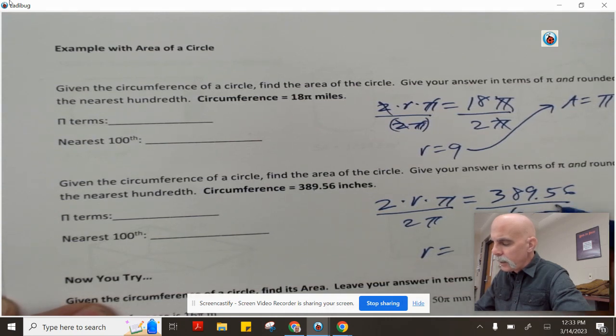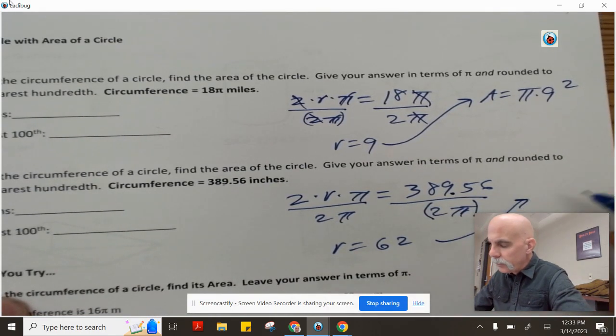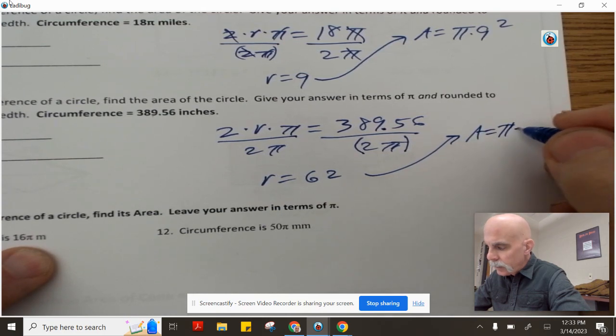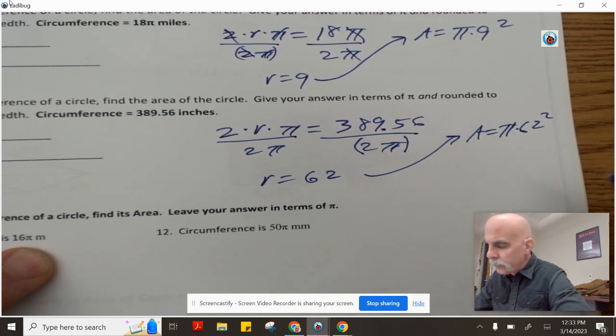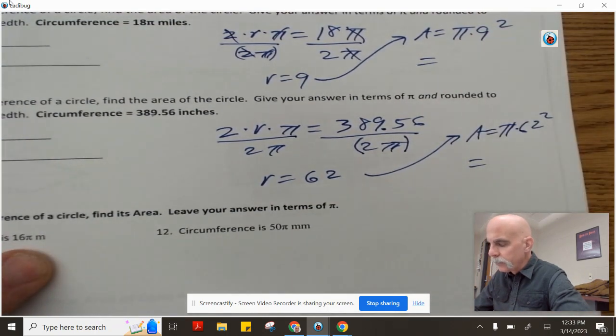And you need to type this in like this. You need to put 2 pi in parentheses so your calculator will follow order of operations and divide this entire thing into that. And you figure out that your radius here is actually 62, which is kind of nice. Then you're able to move on and do area equals pi times 62 squared. Type all that in your calculator and you get a large answer.